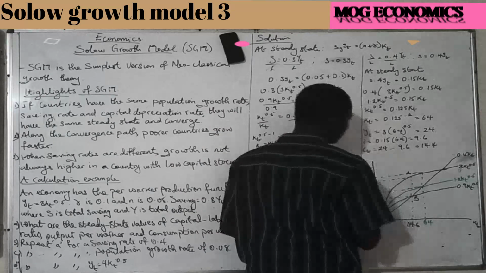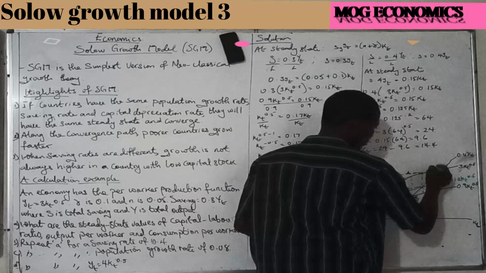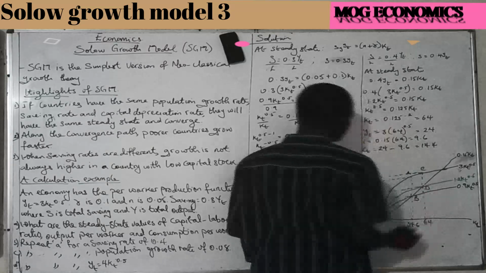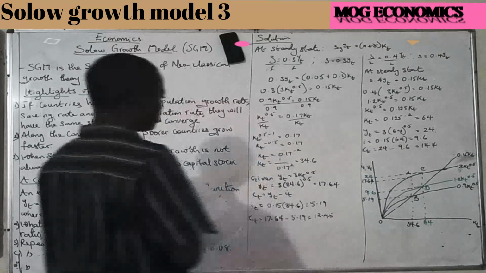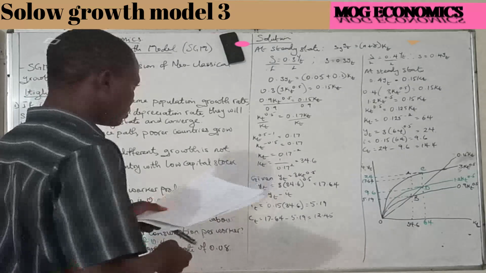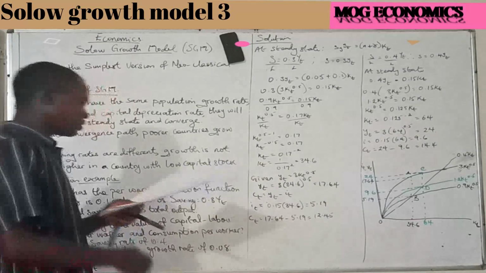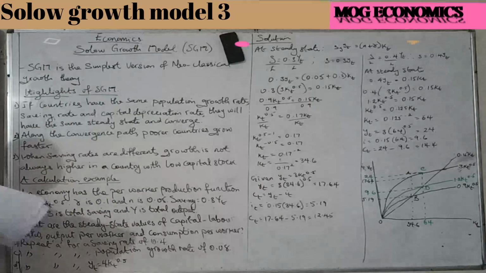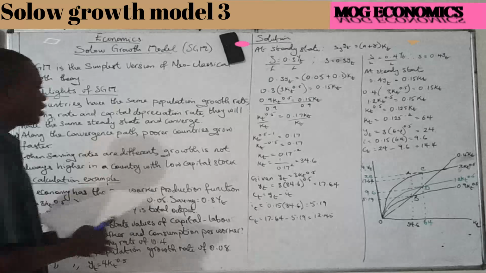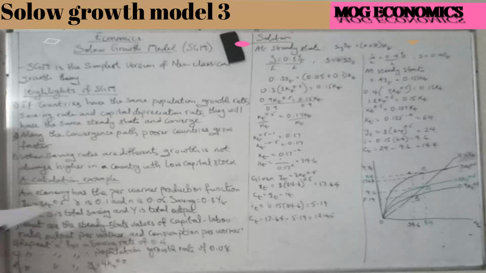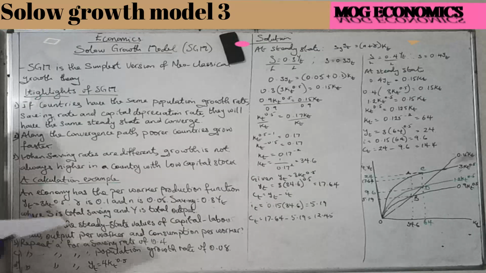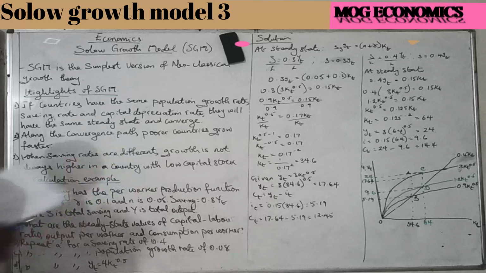So our new consumption is now C and CD. So I think that's all about the graph. 24 and 17. With that, you can see that the theory that we've learned is in line with this calculation, in line with whatever theory we've been learning all this while about the Solow model. So whenever you have problems like this, that's how to approach them.